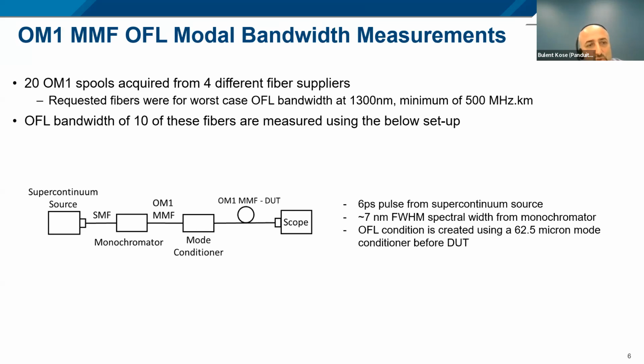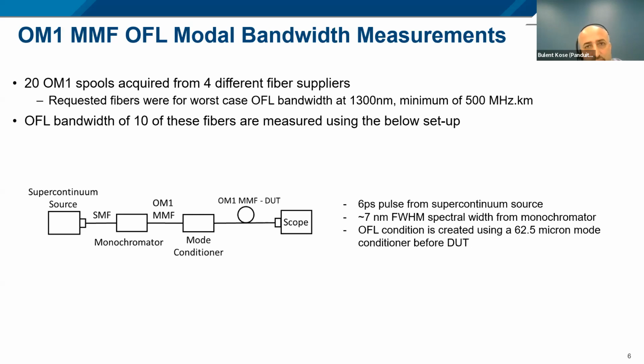We have a supercontinuum source with a single mode fiber coming out of it, and then a monochromator, and we launch into the multimode fiber. We use a mode conditioner to make sure that we launch into all of the modes. We overfill the modes of the multimode fiber, and then the next is our device under test.